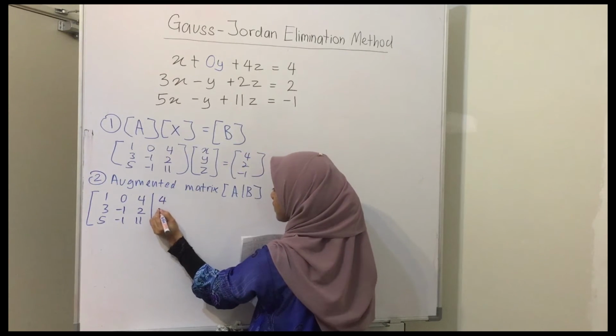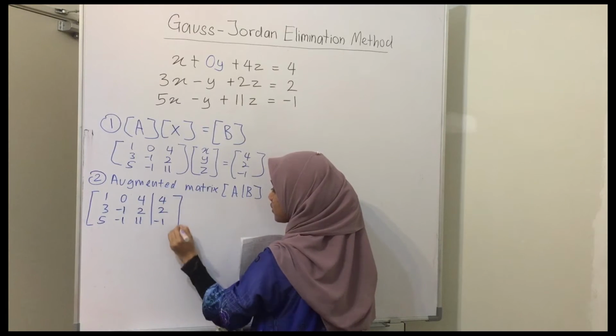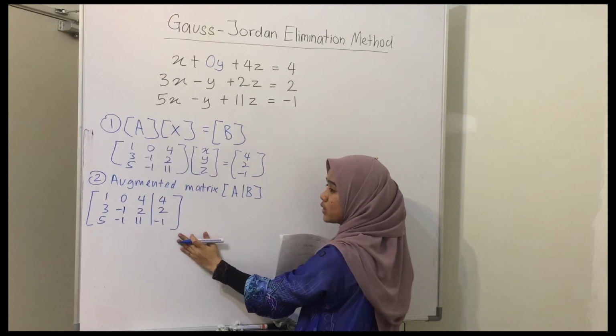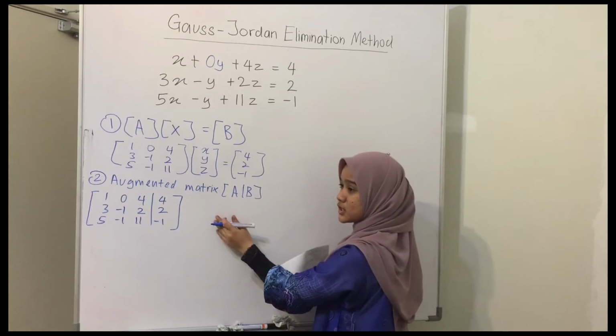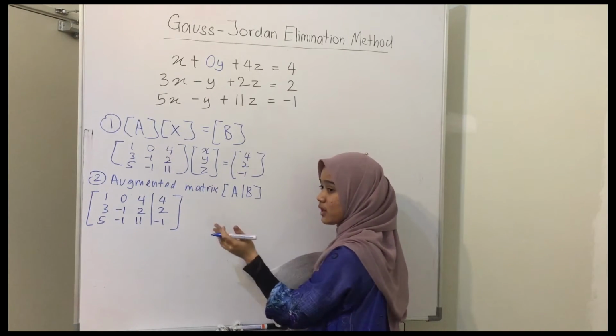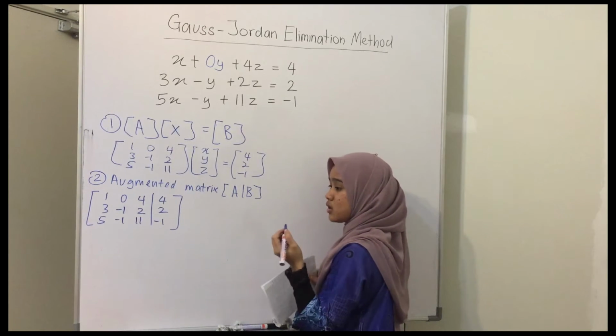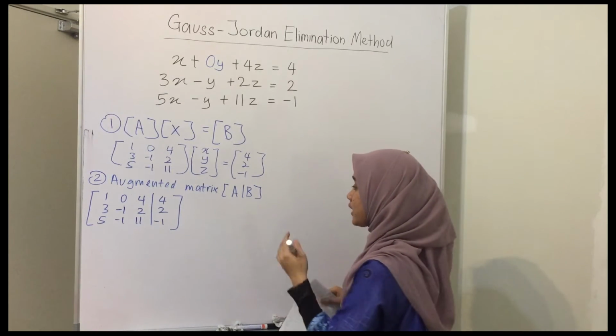We put here the constants 4, 2, negative 1. So now we must apply elementary row operations, which are interchange, or multiply and add.